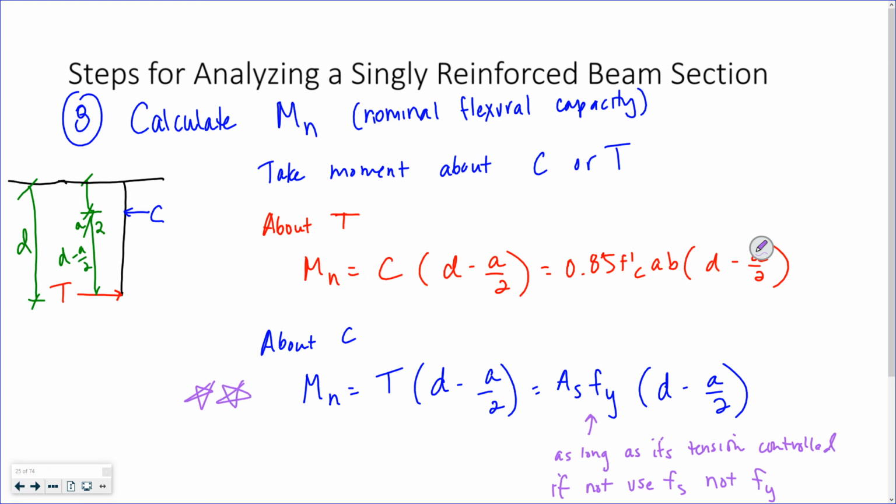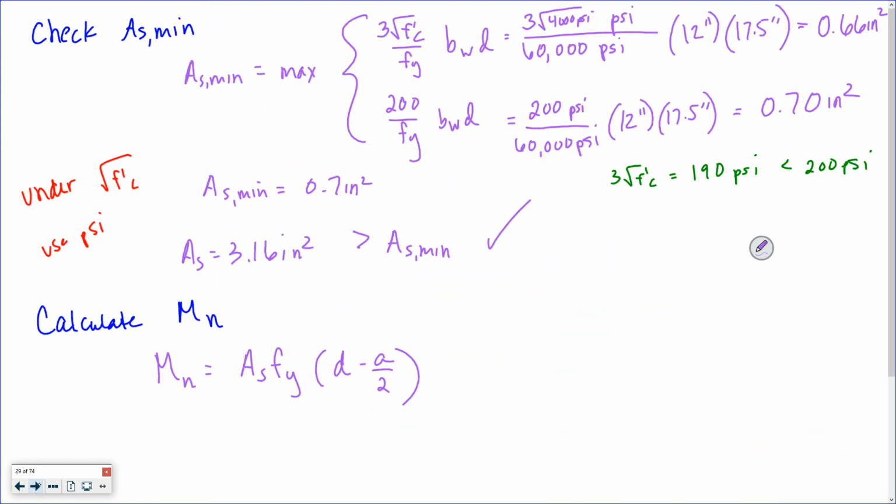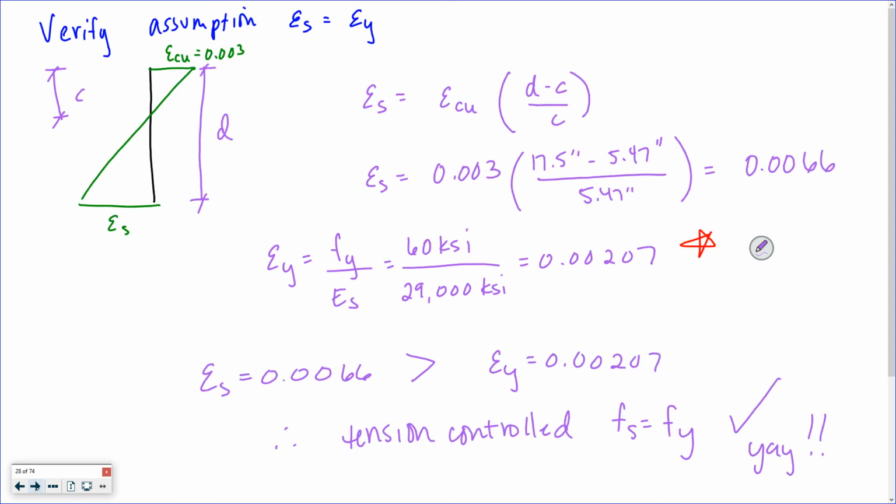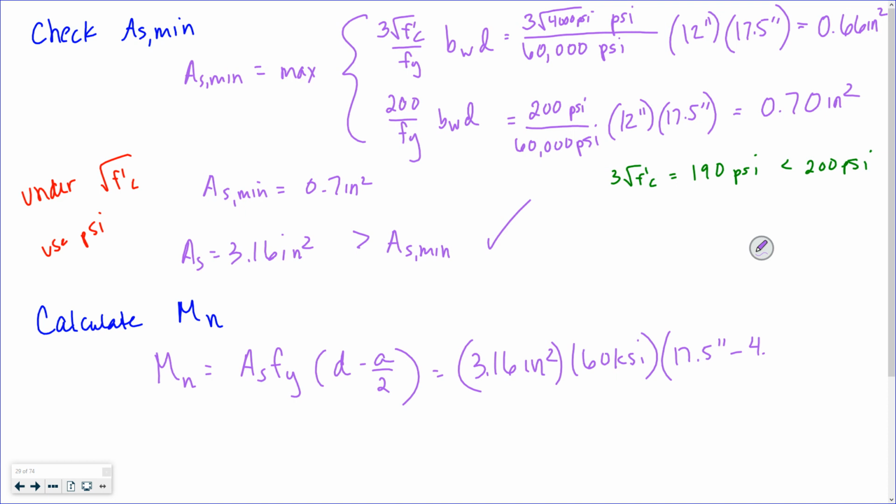As fy times d minus a over 2. So 3.16 inches squared times 60 ksi times 17.5 inches minus a, which was 4.65 inches, over 2.